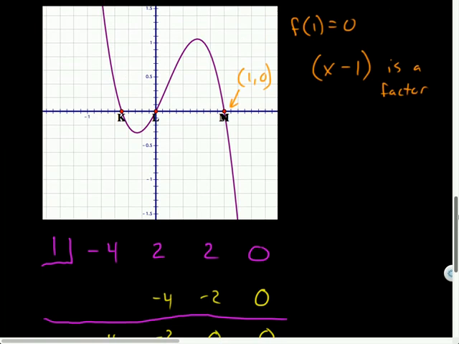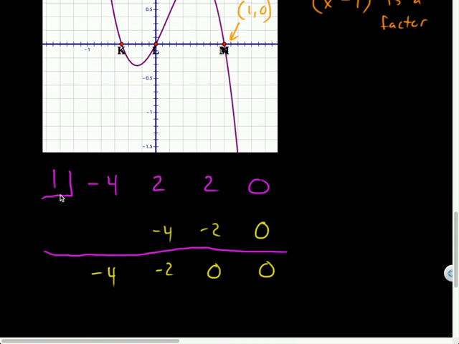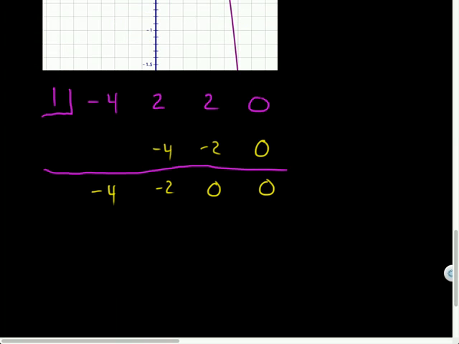Also, I verified that f of 1 equals 0, because when I plugged in 1 synthetically, synthetic substitution told me that I did get 0 back. And could someone tell me what the depressed polynomial was? -4x squared minus 2x. I could have the plus 0 there, but we don't need it. So here is now a depressed polynomial.